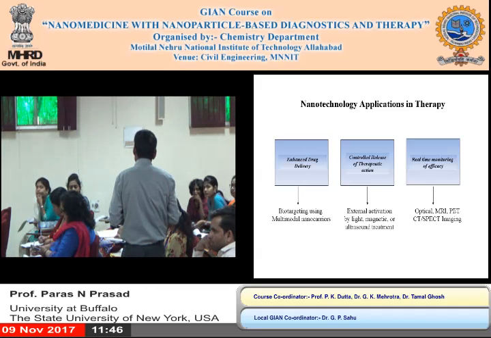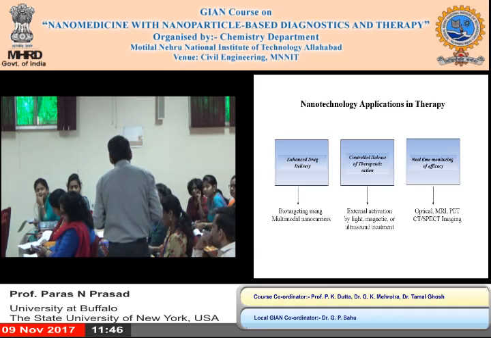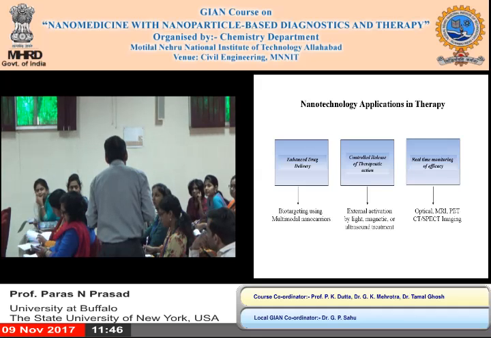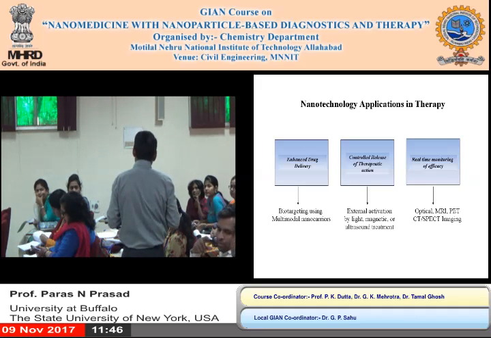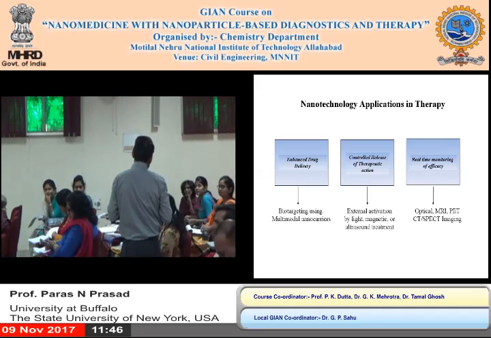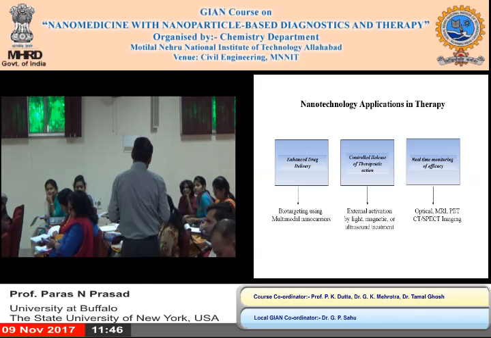You also can commercially buy these phantom barriers. Many companies make these barriers. Not many, but there are companies that make them. You can buy a phantom blood-brain barrier or phantom skin barrier.